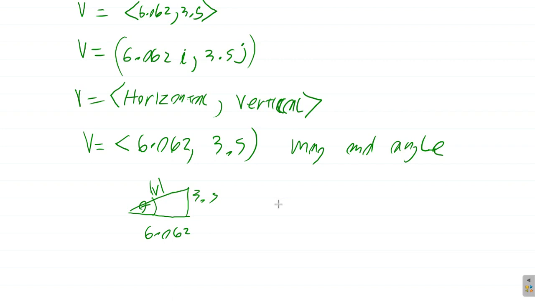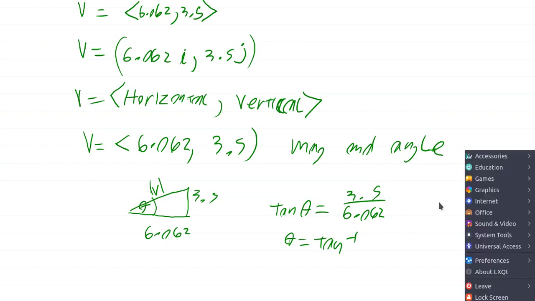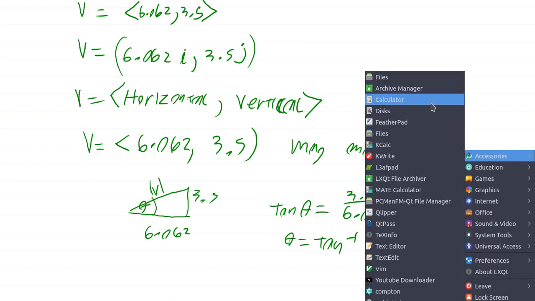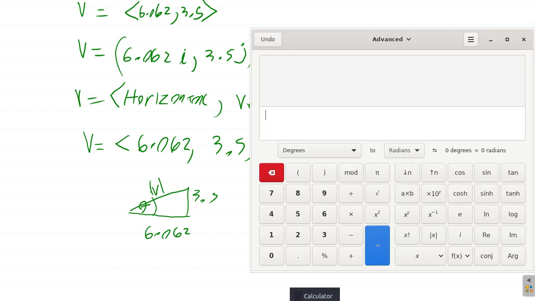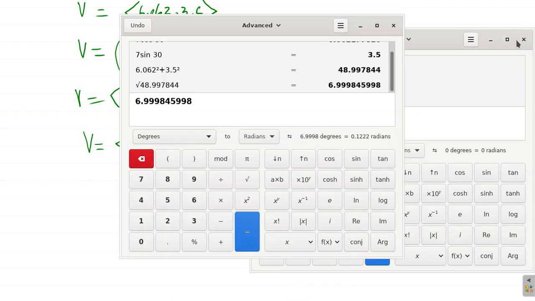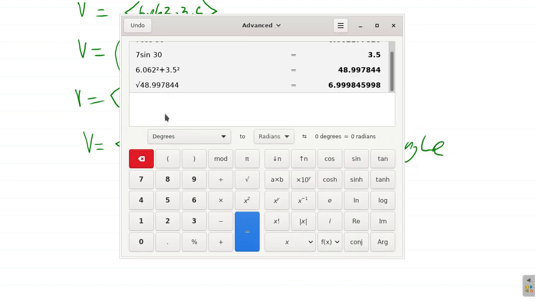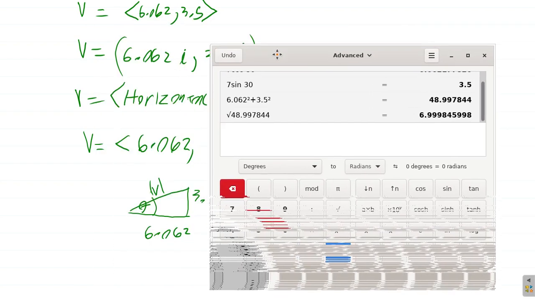What you can do is use tan. Tan theta equals opposite 3.5 over adjacent 6.062. So theta equals tan inverse of 3.5 over 6.062, because you can clearly see it would have been the tan if you have that as your right angle triangle.